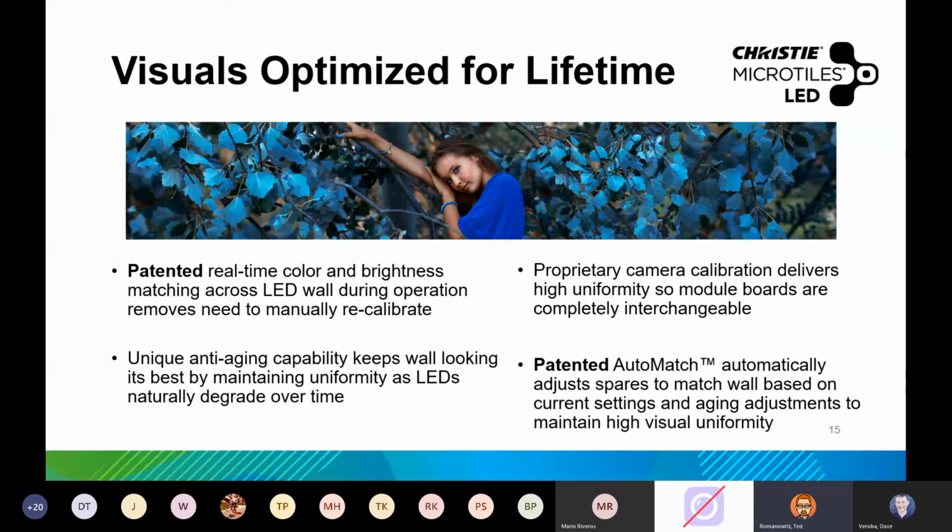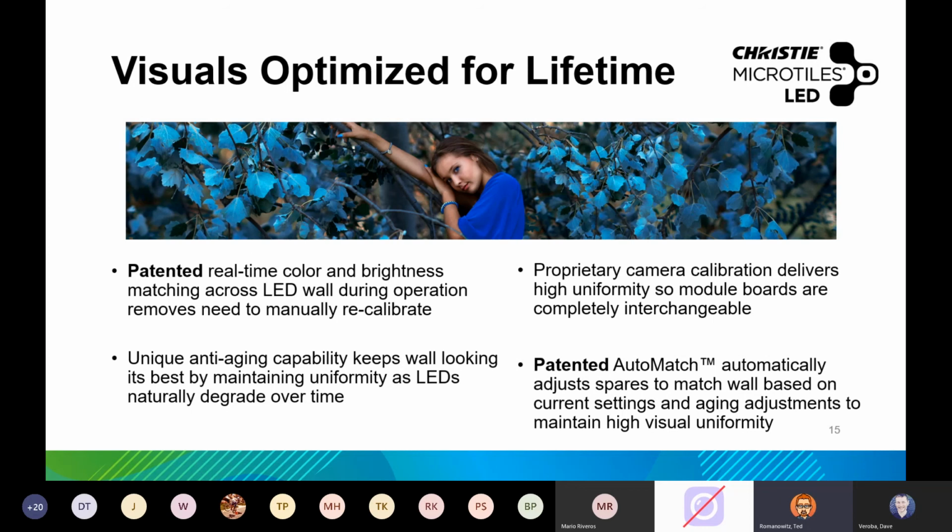This is true across the entire industry, but not a lot of manufacturers are talking to you about it. So as LEDs decrease in brightness and color over time, you have to come back maybe on an annual basis and recalibrate them to keep them looking their best. With our system, we have sensors built into the wall, and it basically looks at that and maintains the high uniformity as the LEDs naturally degrade over time.